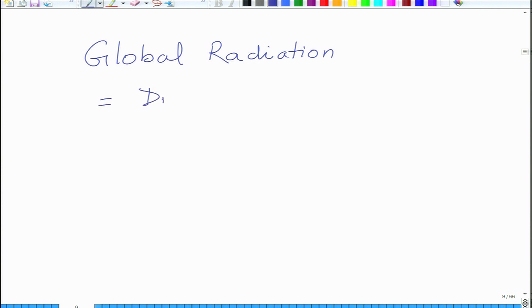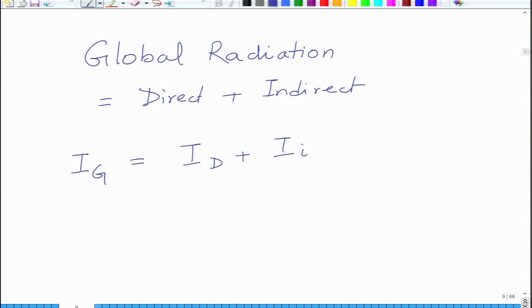This is direct plus indirect. So when you say Ig, which is the intensity of global radiation, that is equal to Id plus Ii, or you can say I small d, something like that. So global radiation is the sum of these two.